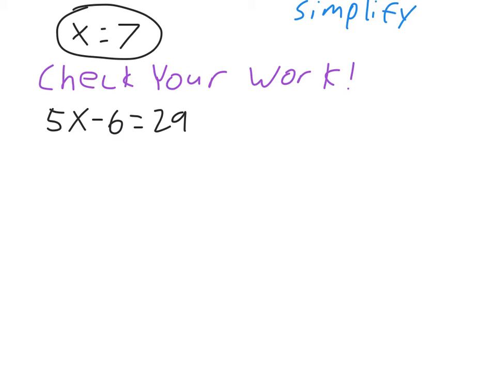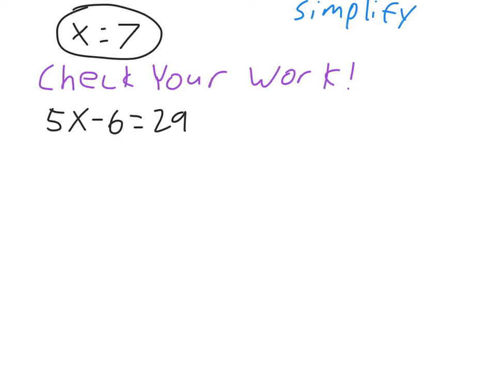This is where we use the substitution property of equality, which, if you remember, said if you have a equals b, or in this case x equals 7, you can go back and plug in b for a. So you can go back and plug in 7 for x.